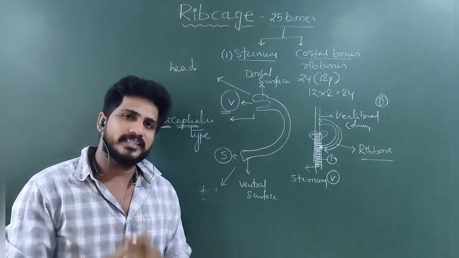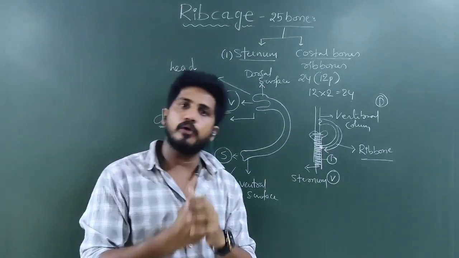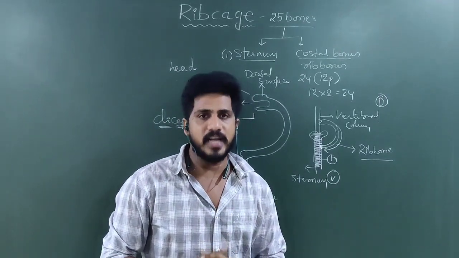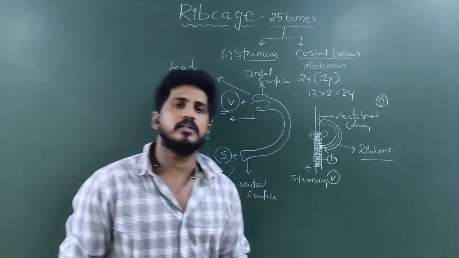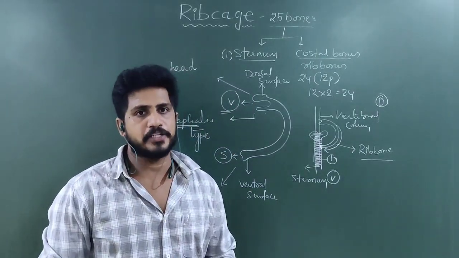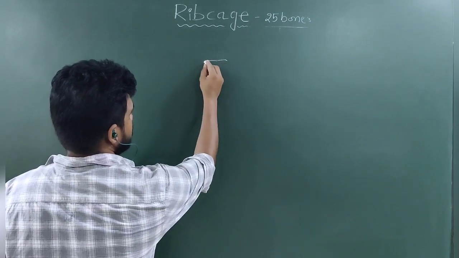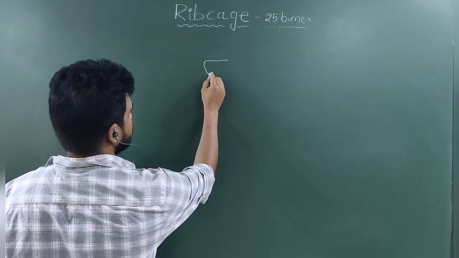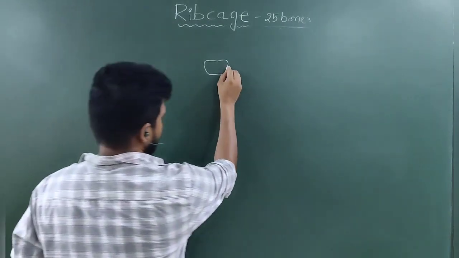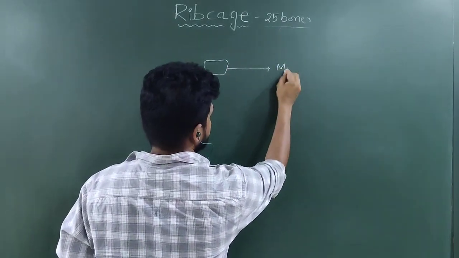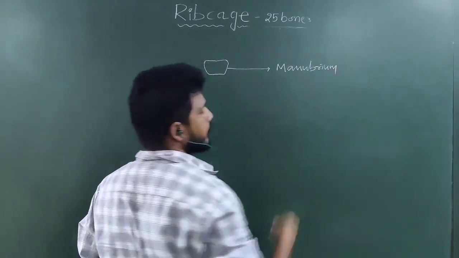But if you want to see the true structure of the rib bones and sternum, how those two are associated, we have to know the complete structure of the rib cage. Now, it is time to learn how to draw the rib cage. Firstly, we have to draw the sternum structure very neatly. The first part of the sternum is called the manubrium.